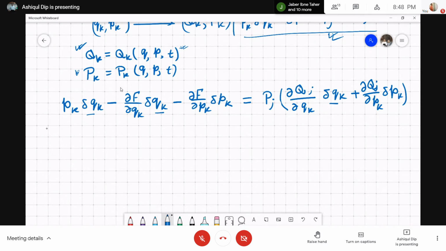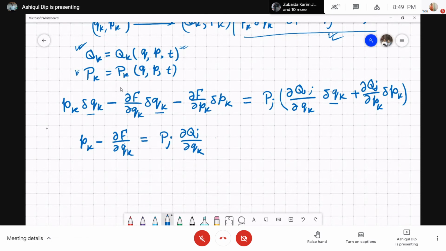We will get p_k minus delta f by delta small q_k equals P_j times delta Q_j by delta small q_k.